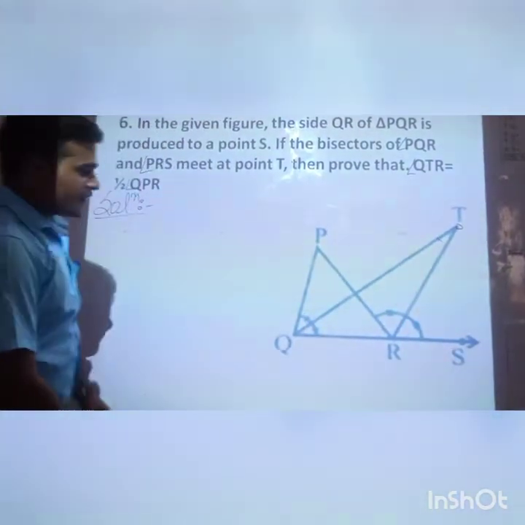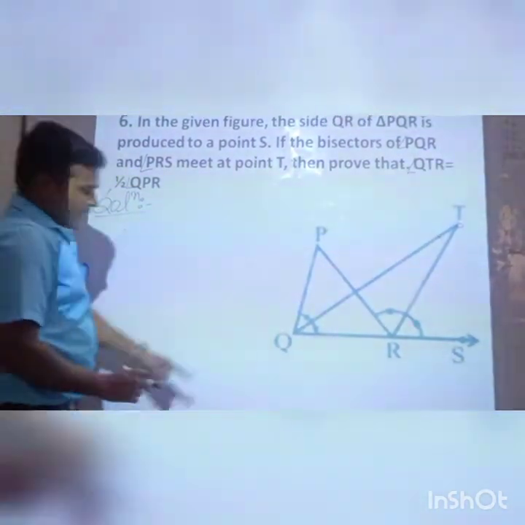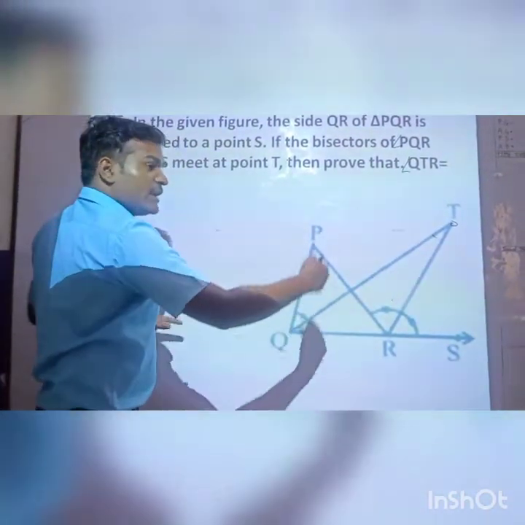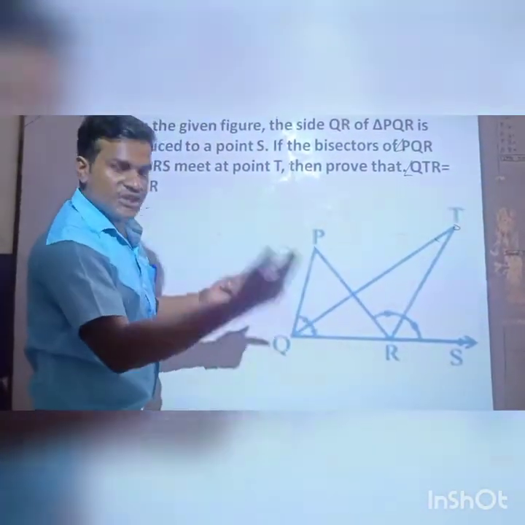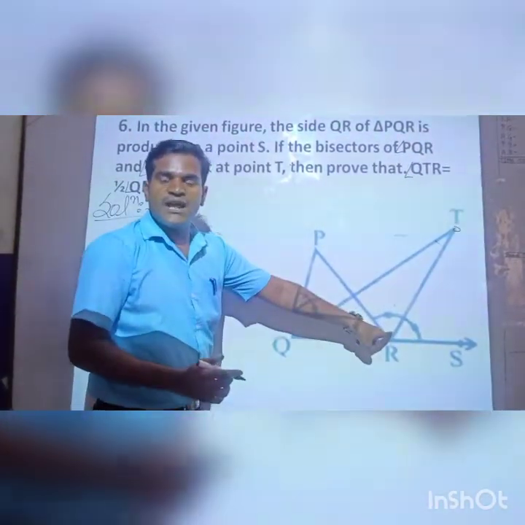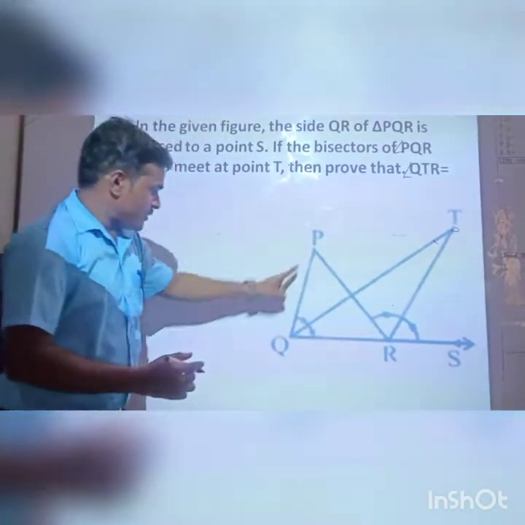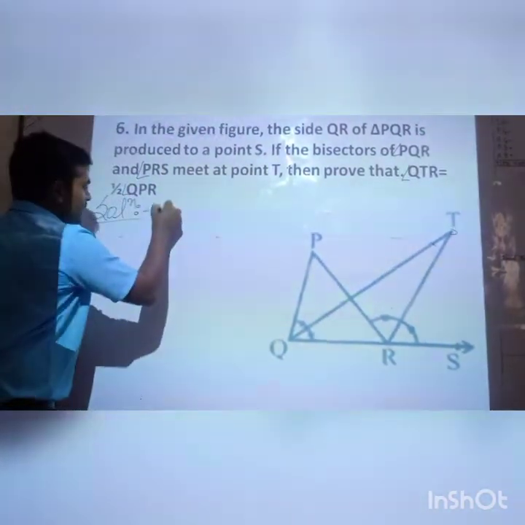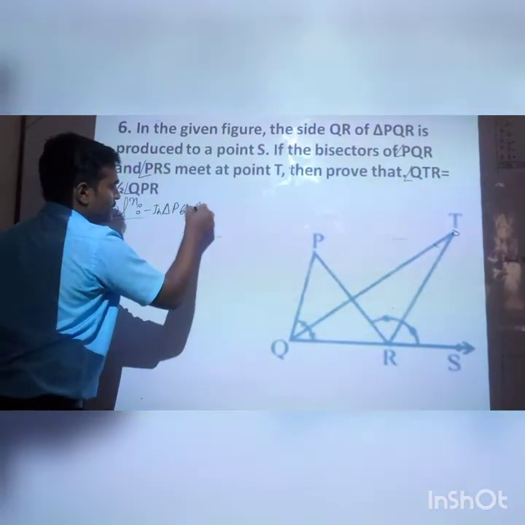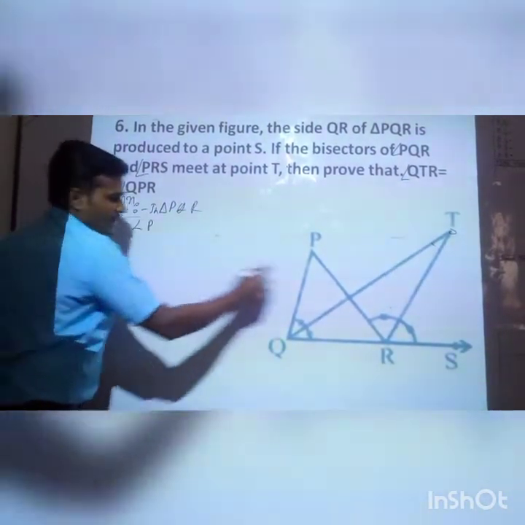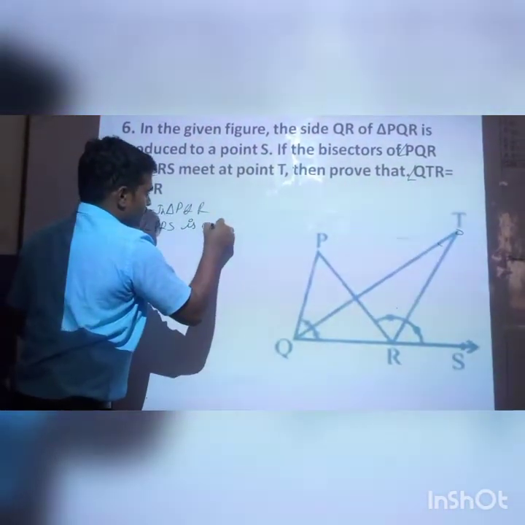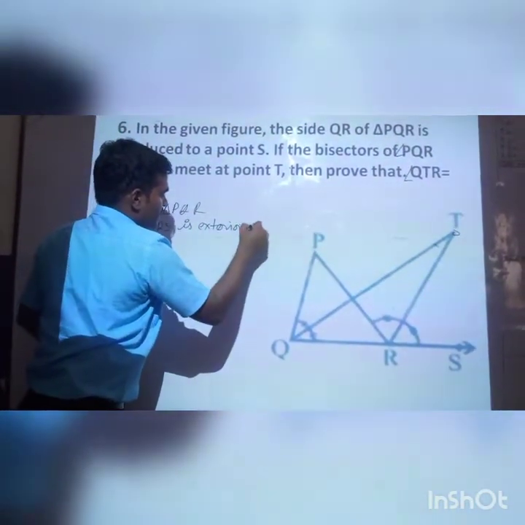Okay, so children, as we know, if we produce a side of a triangle till a point, it makes an exterior angle. So here PRS is the exterior angle for triangle PQR. So write down: for triangle PQR, angle PRS is the exterior angle.